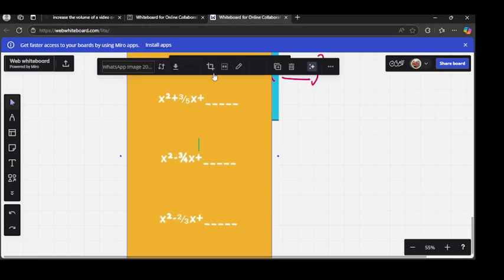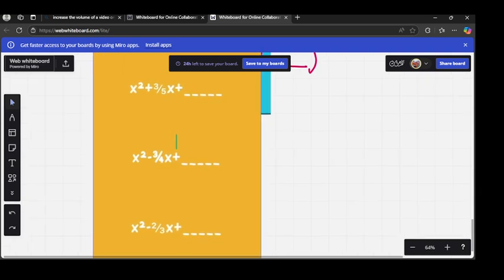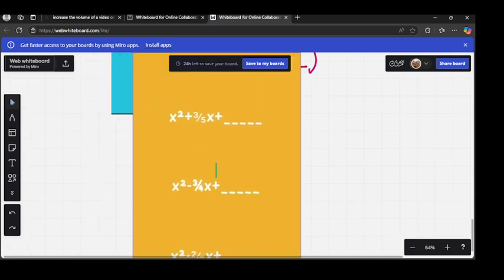How can we complete the square? Let's make it more bold so it becomes clearer. Now let's continue. First of all, I have x squared plus 3 over 5x plus.